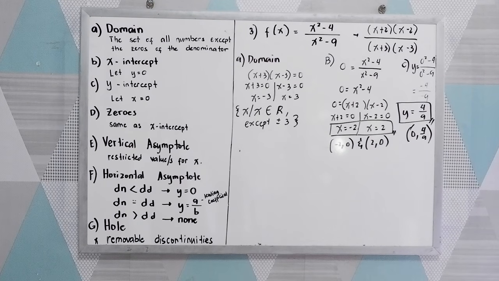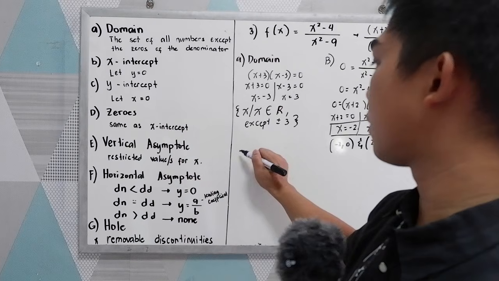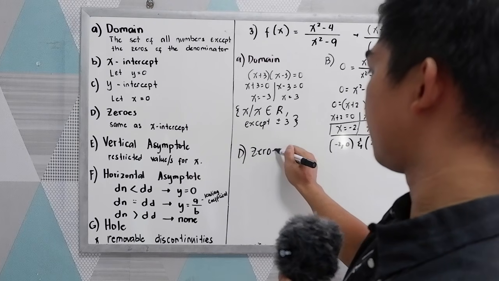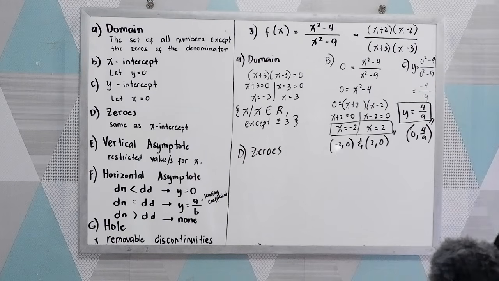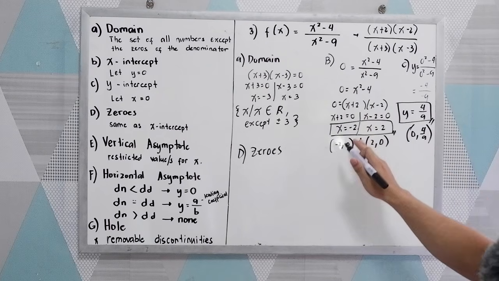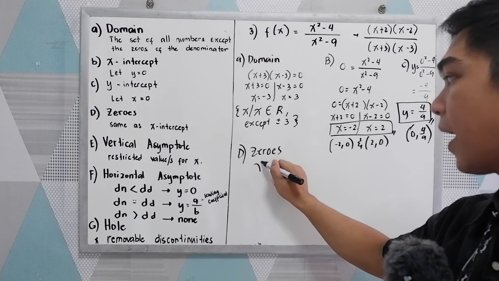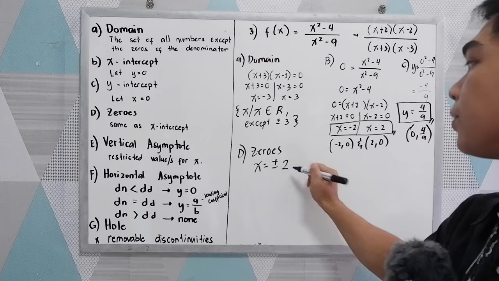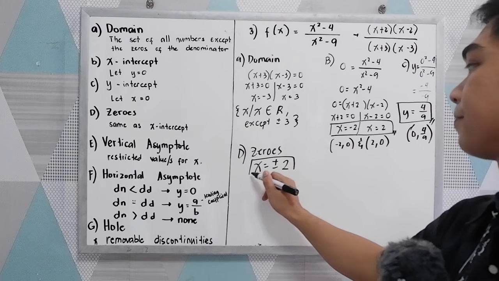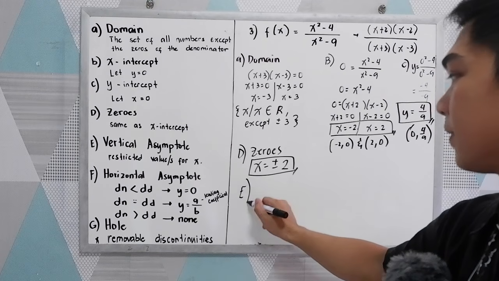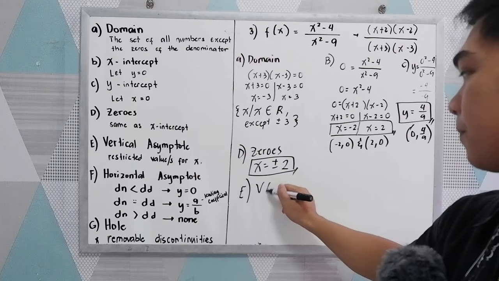Okay. Now, get the zeros. Letter D, zeros. For the zeros, same as the x-intercept. So letter B, x-intercept. So our zeros, x is equal to positive, negative 2. Next, letter E, vertical asymptote.